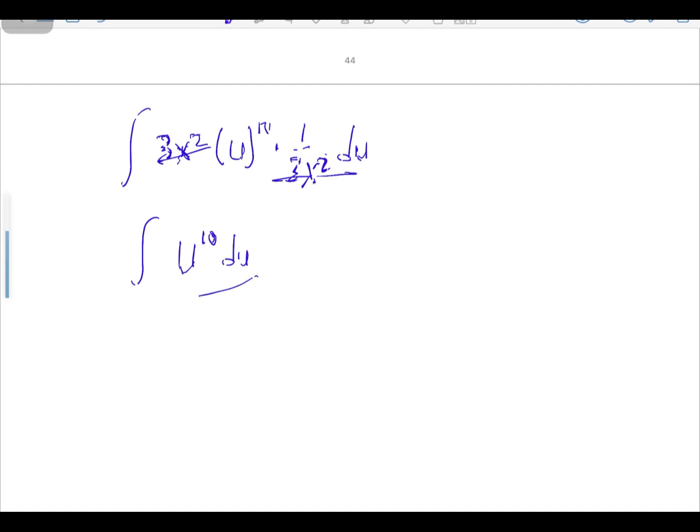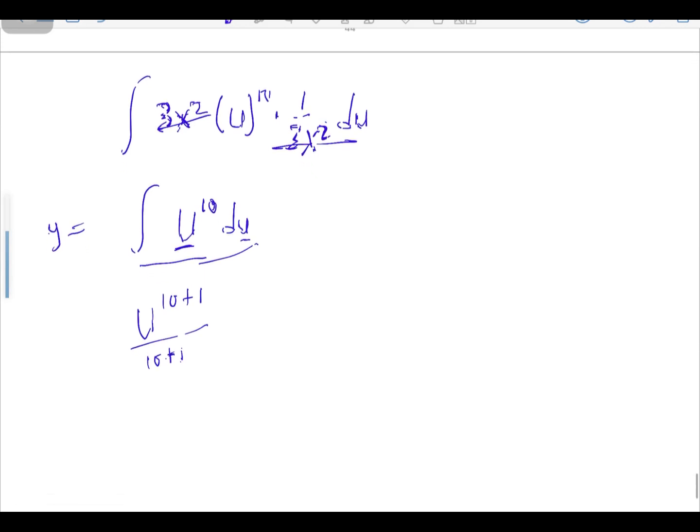What this means is that we are integrating with respect to u. Or let me state it this way: assuming that we have y equal to the integral of u power 10 du, this means that we are integrating y with respect to u. So that means that u is our variable of integration. Applying your normal power rule, you get u power 10 plus 1 over 10 plus 1.